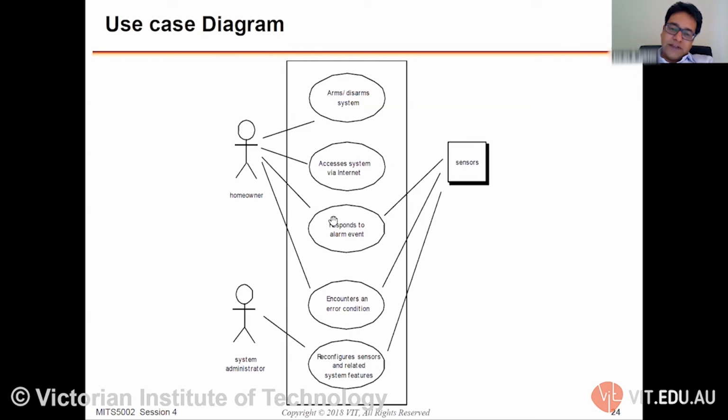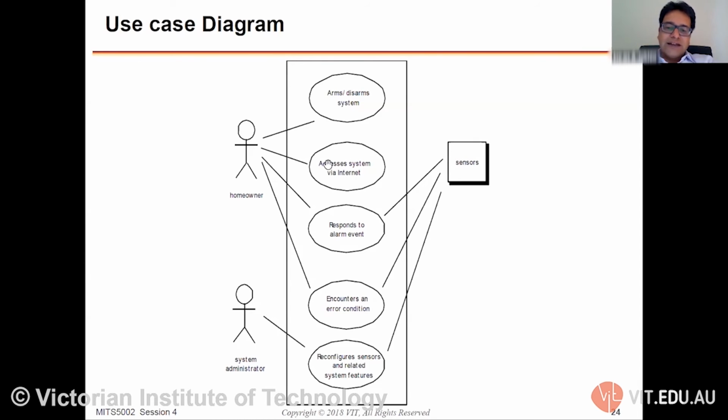When an event is generated and the user responds, he can access those resources, the sensors, or he can activate or deactivate them. So in this process, two actors in a way are involved. Similarly, in encountering an error condition, if there is an error, how to fix it, turn on, turn off. Again, two actors are activated.